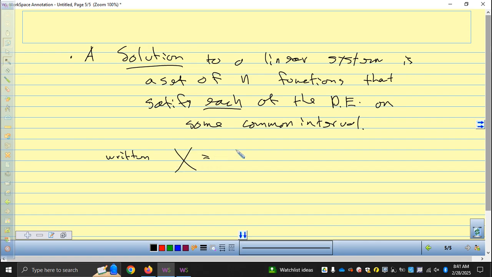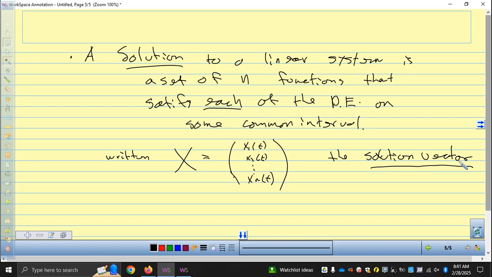We can write x equals x1 of t, x2 of t, to xn of t. We call this the solution vector. The solution vector is just a column matrix.